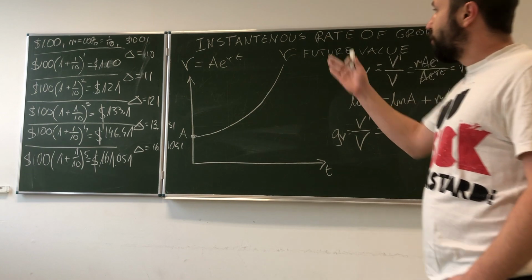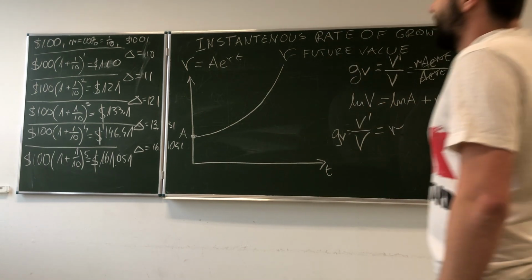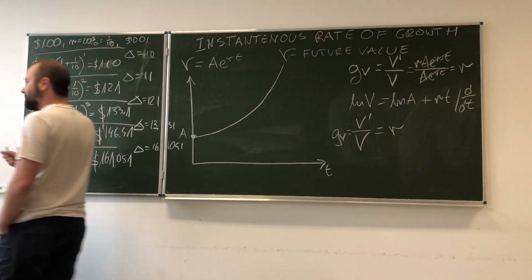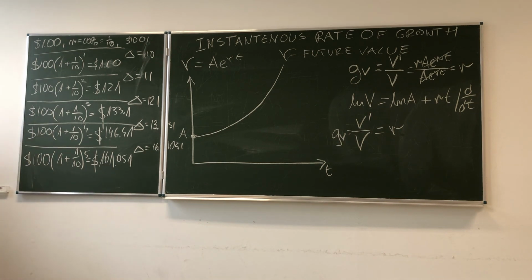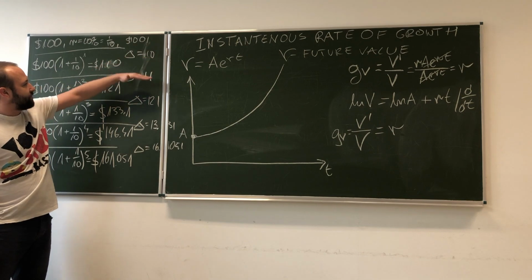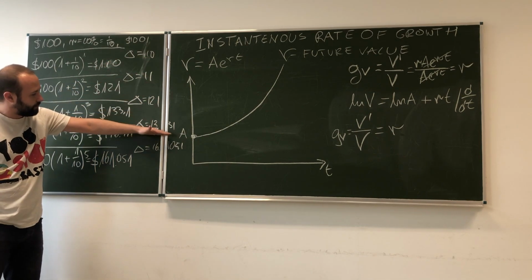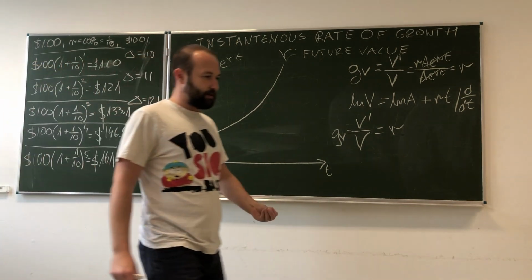Okay, so what do we see over here? Look, even though the percentage increase is constant, it's always 10%, we see that actually the amount of money we are getting each single year is getting bigger and bigger and bigger.